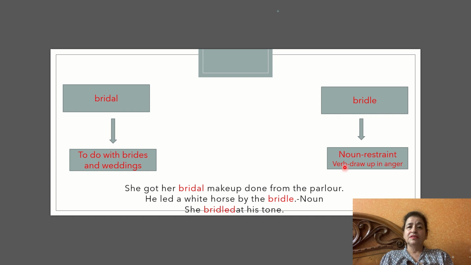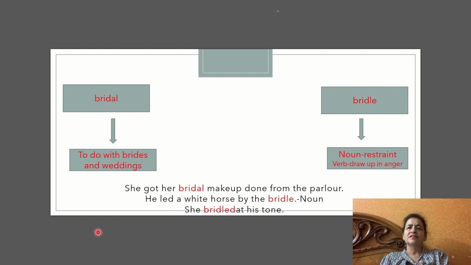Noun form, B-R-I-D-L-E, the bridle of the horse. And there is a verb form also, B-R-I-D-L-E, that is to restrain. Then we have the sentences here for you to make it more clear, more vivid.